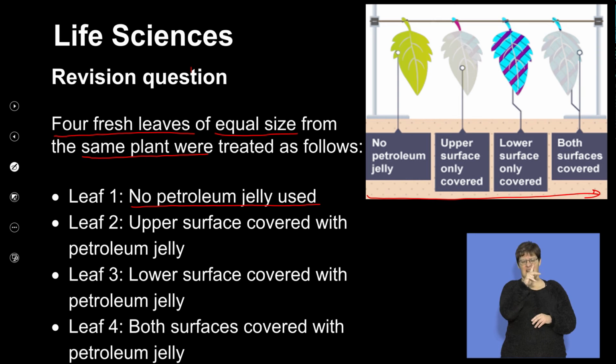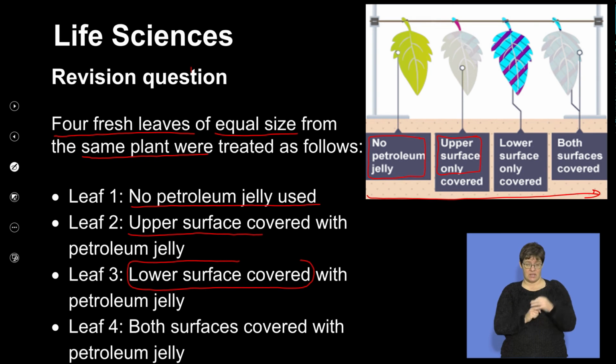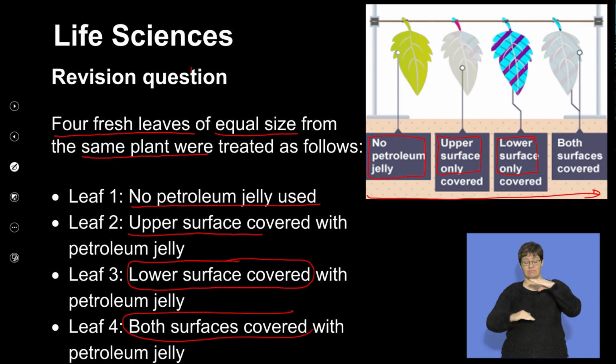So leaf number 1, no Vaseline on it at all. Leaf number 2, upper surface covered with Vaseline. Leaf number 3, lower surface covered with Vaseline, and the last one, both surfaces covered.